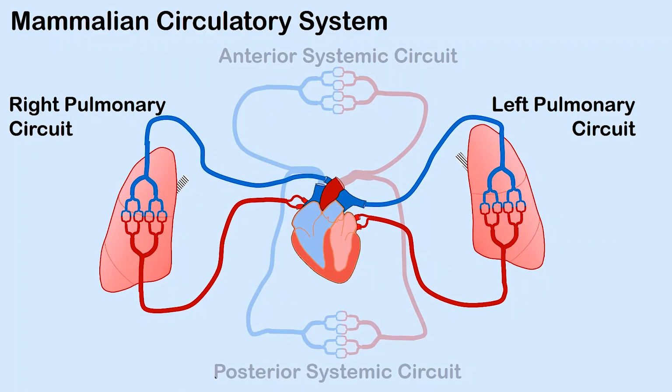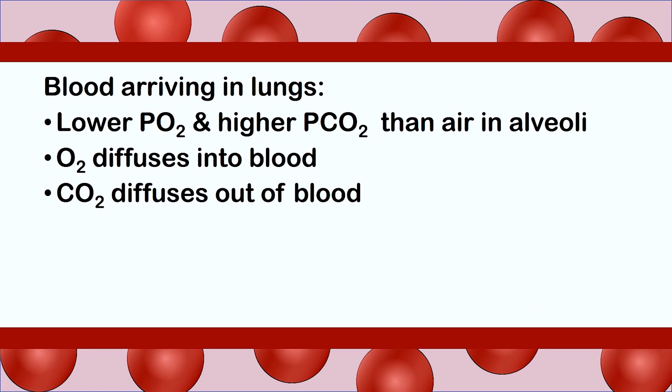So if we go through and we put this in the context of the circulatory system within the pulmonary circuits and take a look at what's going on in those capillaries. As the blood arrives from the heart in those capillaries, it will have a lower partial pressure of oxygen and a higher partial pressure of carbon dioxide in the blood relative to the air.